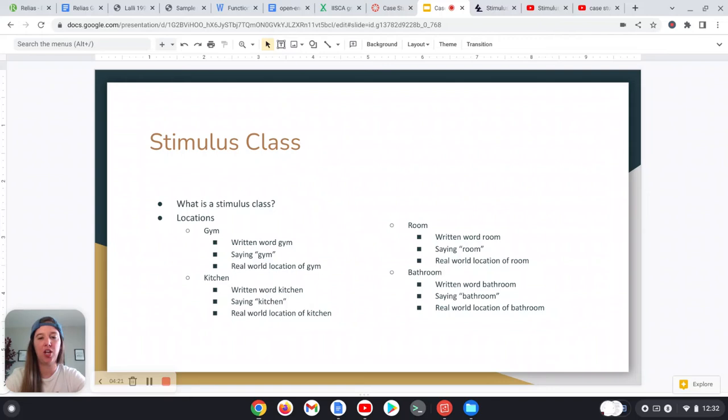They're not the same size, shape, all of those things, but they are a part of the same class. So the same thing for these, they are all arbitrary. So gym, room, bathroom, kitchen, not all the same thing, but they all are locations under the same stimulus class, and each form under here, so the written word gym, saying gym, and the real world location of a gym are all examples of the word gym, but they're not all exactly in the same form.